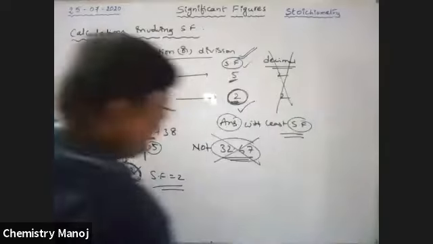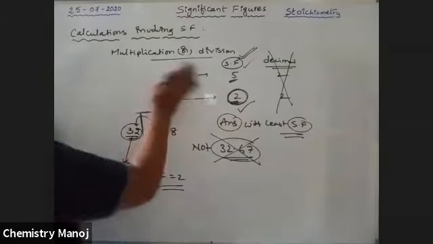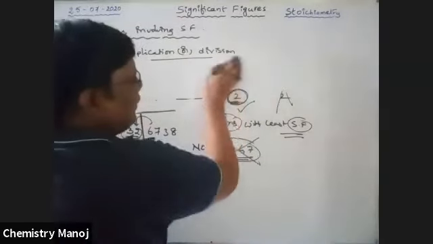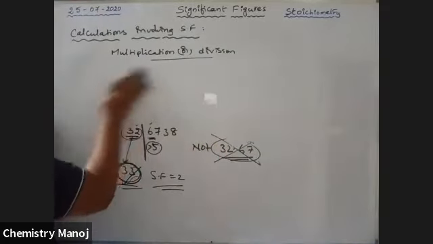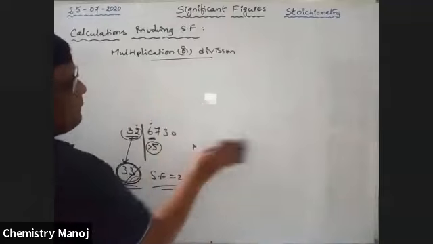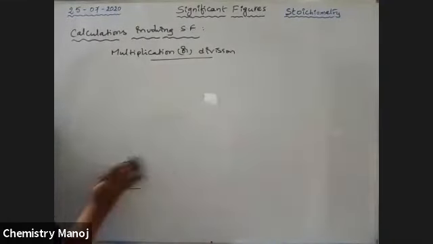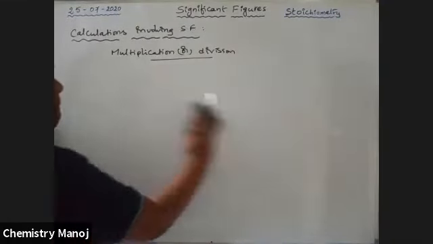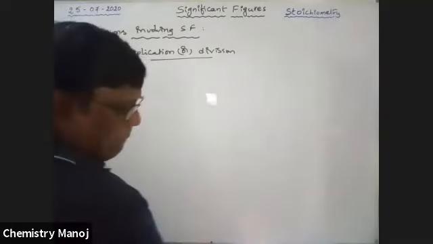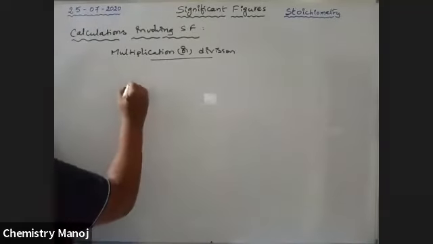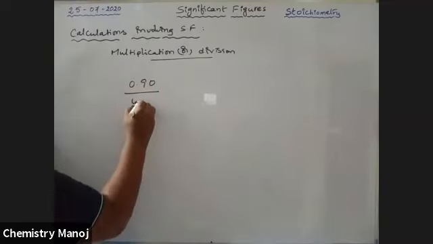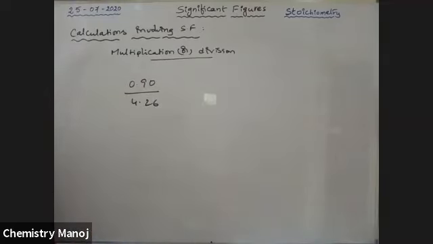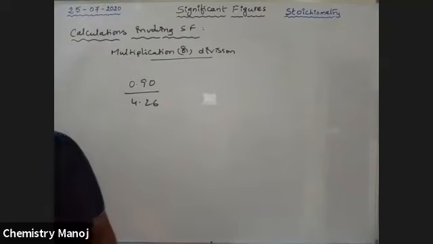Next, once again, I am trying one more example, just that is for division only. I am trying to give a division value. That is 0.90 by 4.26.